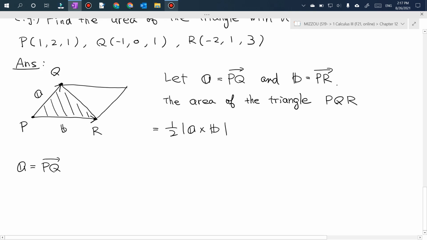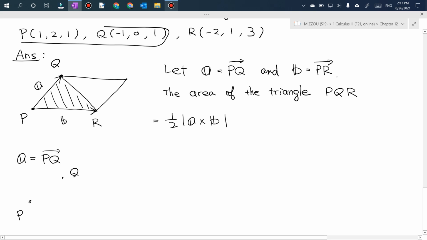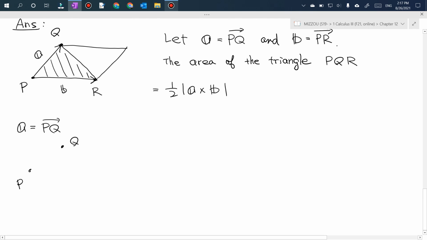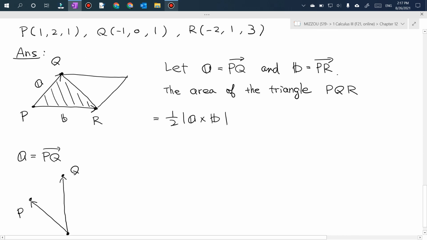Well, here's a way to do it. So this is P, this is Q, and we know the coordinates of P and Q as those. What does that mean? That means the coordinates give you the components of the position vector, but position vector is a vector coming out of the origin. So our origin is somewhere here. And then we know what this vector is, and we know what this vector is too.